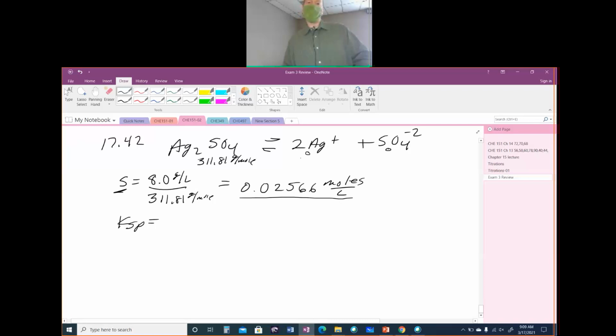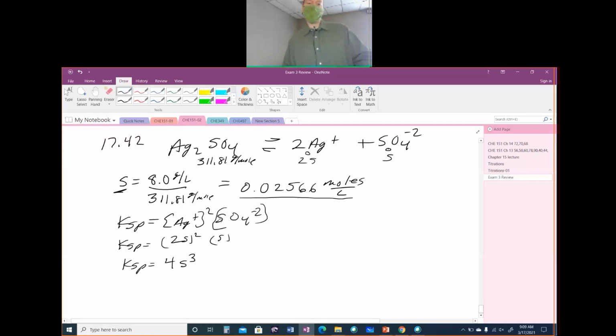In water, this is going to give us 2S, and this is going to give us S. So our Ksp is Ag+ squared, SO4 2- raised to the first. And so your Ksp is 2S squared times S. So your Ksp is 4S to the third.